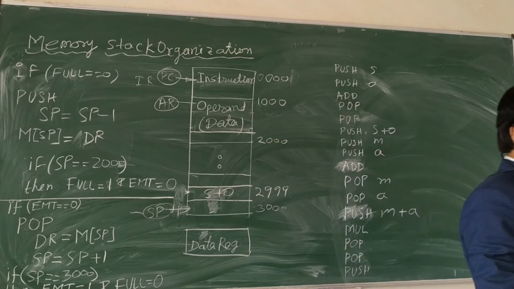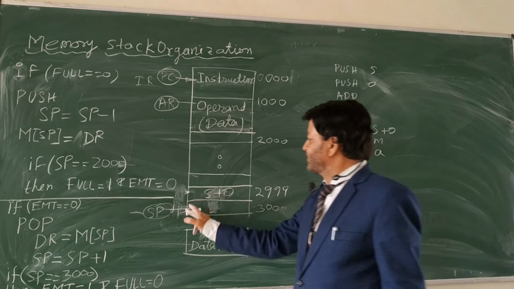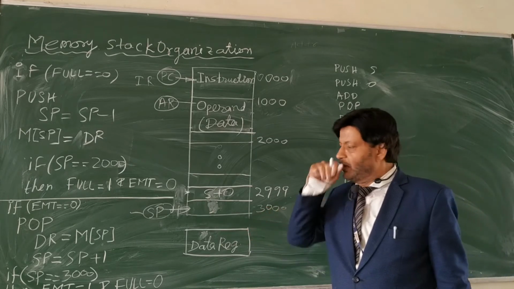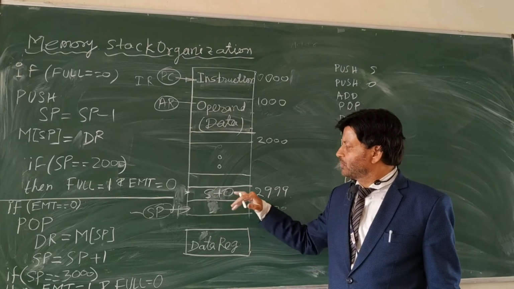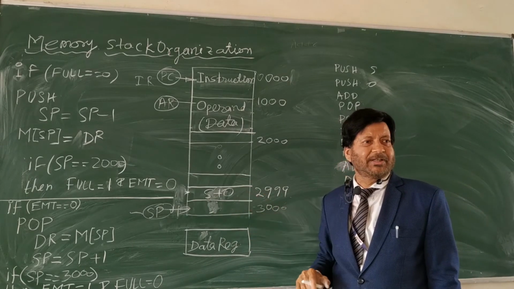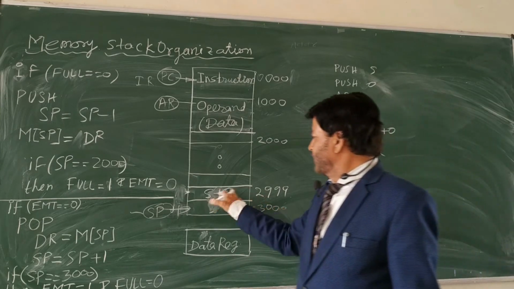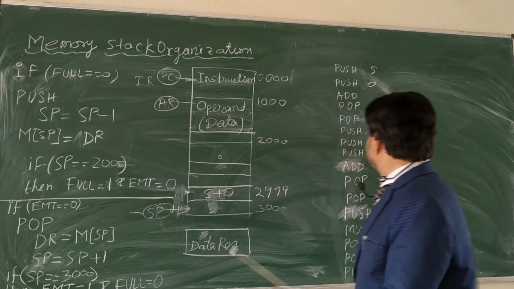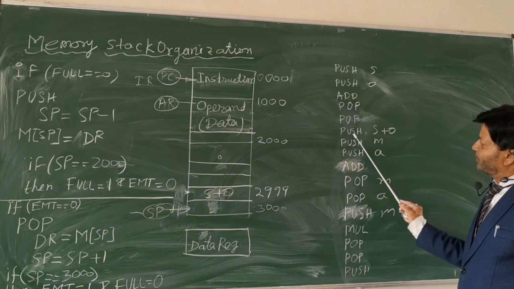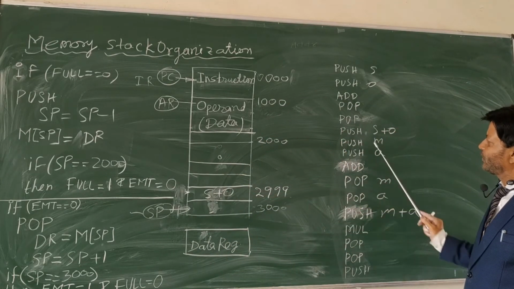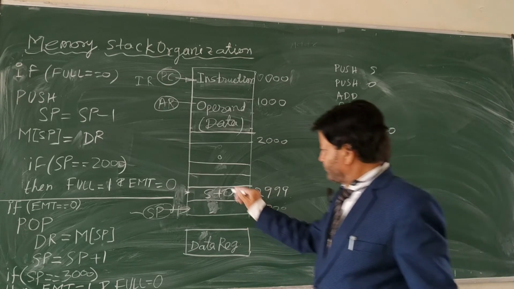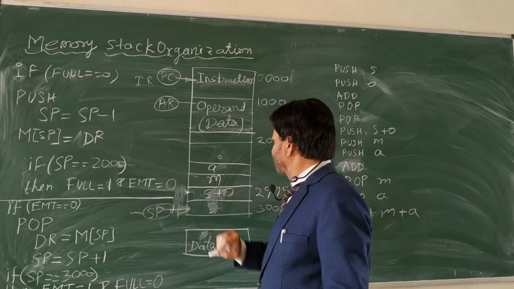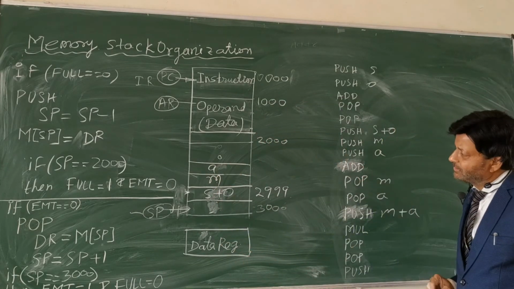Remember one thing, we do not use this first location. So S plus O will be pushed into the stack. Now you will push another variable M and another variable A. Now the add operation will come again.